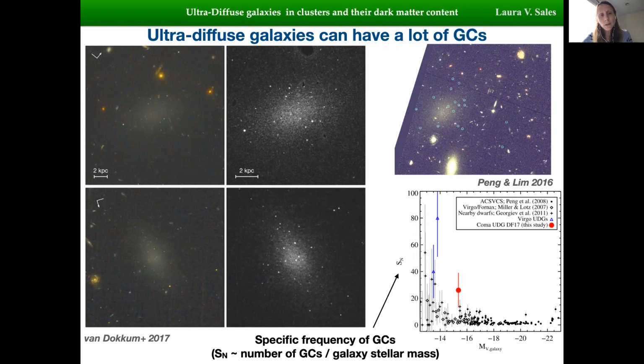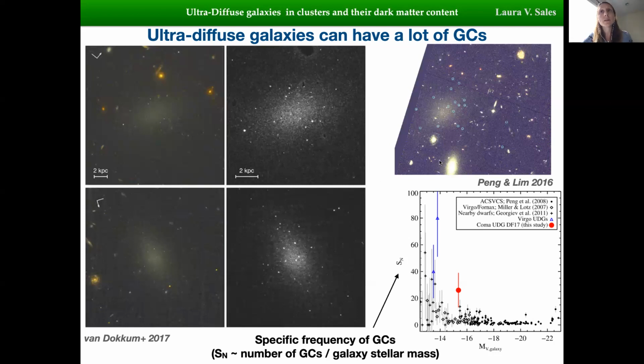Following the discovery of these UDGs in 2015, certain studies observed that they were not only rare in how extended they were, but also hosted a very large number of globular clusters. You can see here two images of two different UDGs, and on the right panel, changing the contrast, you can see these very bright white dots are globular clusters, or presumable globular clusters.